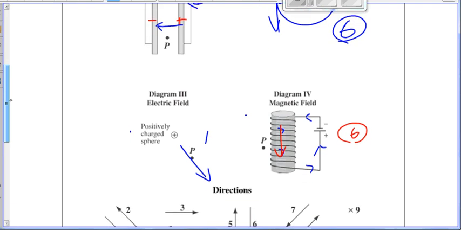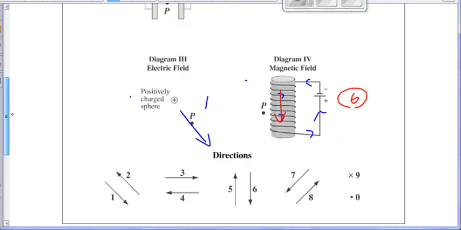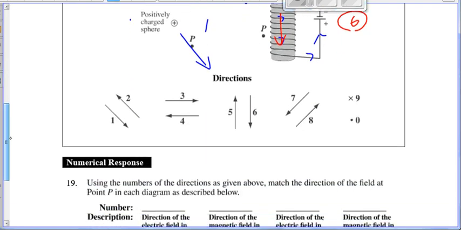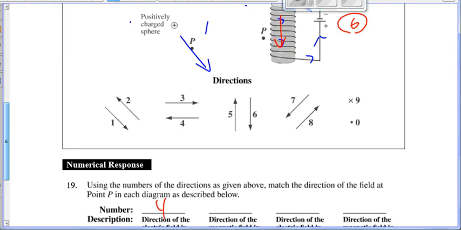Make sense? How many people got that? Some people didn't finish, I know, because I rushed you on that a little bit. Oh, wait a sec. The third one is 1 because it's away from the positive, but I did make another mistake, not that one.